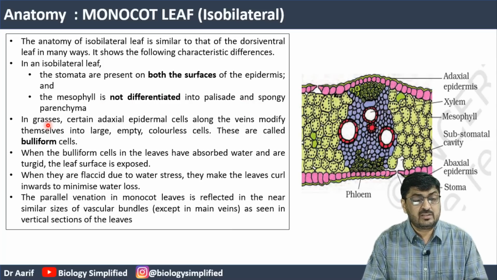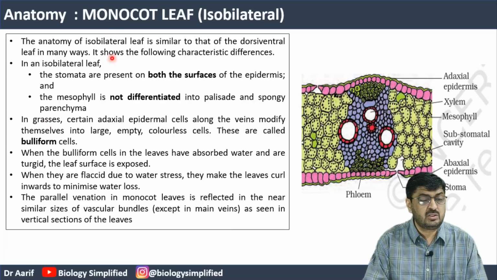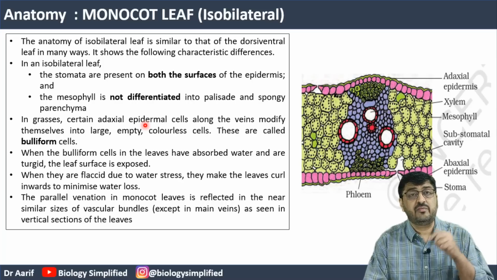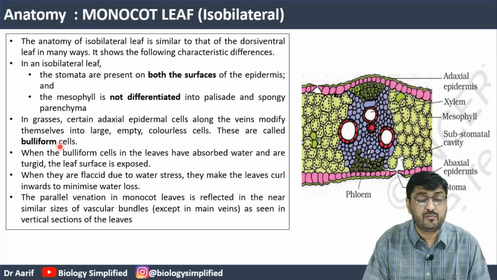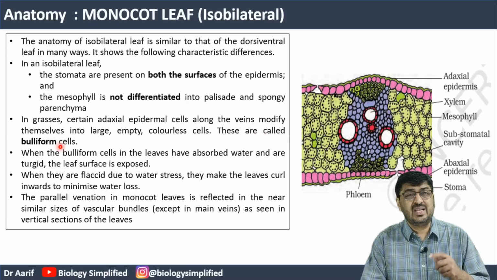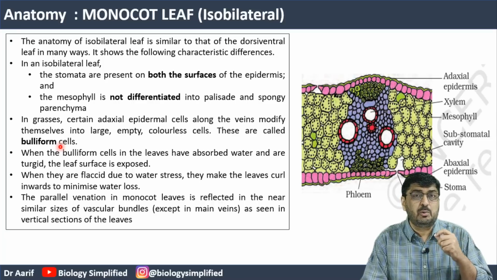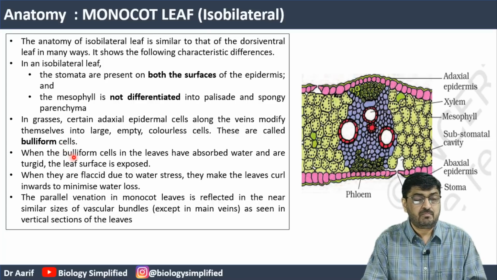In grasses, obviously grass monocots, certain adaxial upper surface cells along the veins modify themselves into large empty colorless cells. These are called bulliform cells. These are cells which are not found in all the leaves but only in certain of them due to their adaptation.